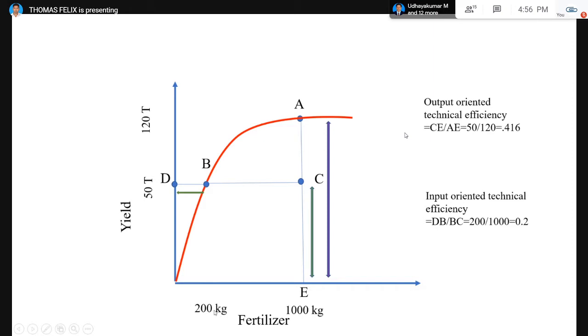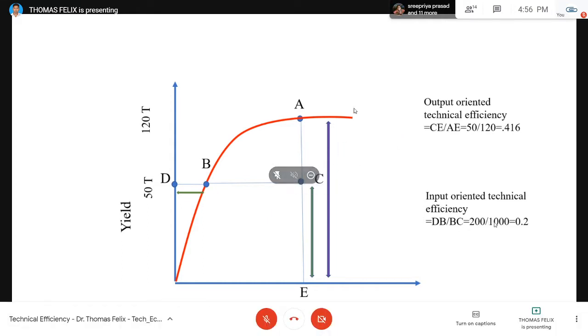using 200 kgs itself. To calculate the input oriented technical efficiency, we use the ratio of DB, which is the value of 200 kgs, and DC. This is not BC, this is DC. DC is 1000. So 200 divided by 1000, we will get 0.2.